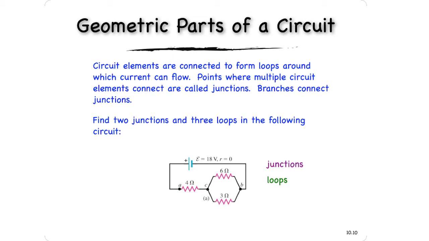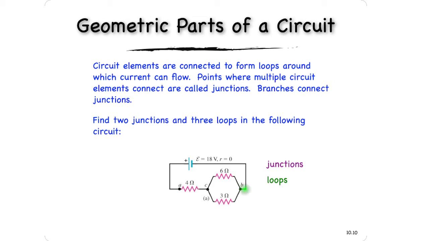So we can go back to our simple circuit that we started with and think about this in terms of those junctions and loops. There are two junctions in this circuit. See if you can identify where those two junctions are. There's one at point C, and there's one at point B. And by the way, points in a circuit where different wires come together are called junctions.